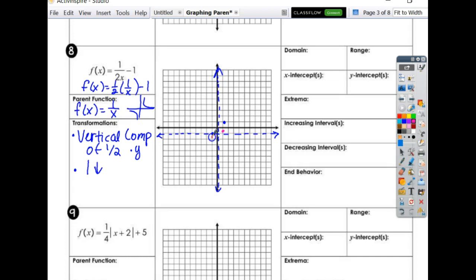So I'm at negative 1.5. So my domain is going to be negative infinity to 0, 0 to infinity. The range will go bottom to top.